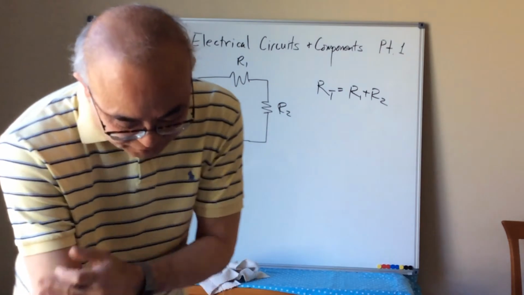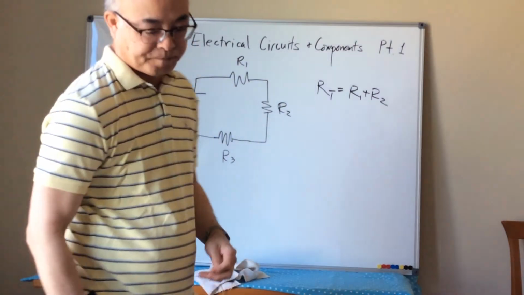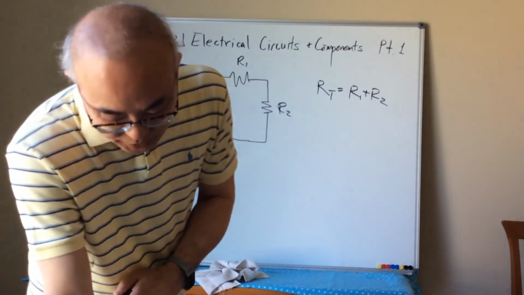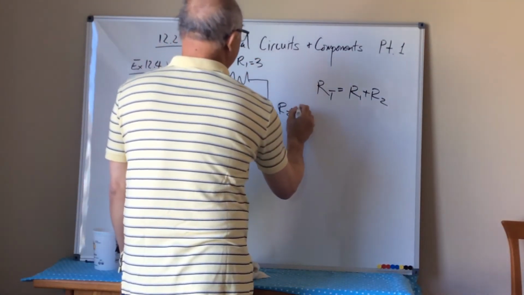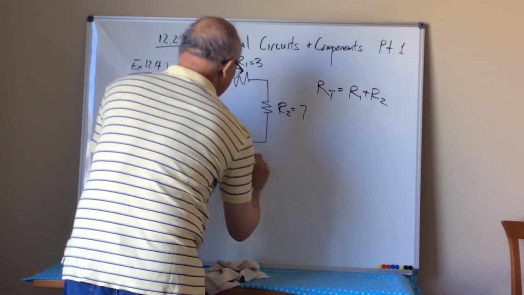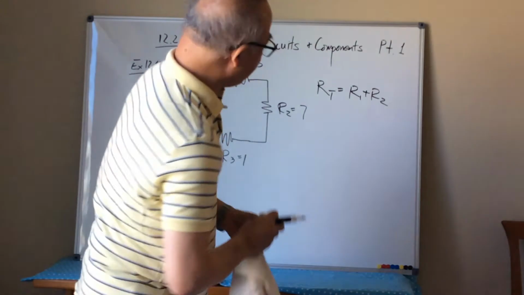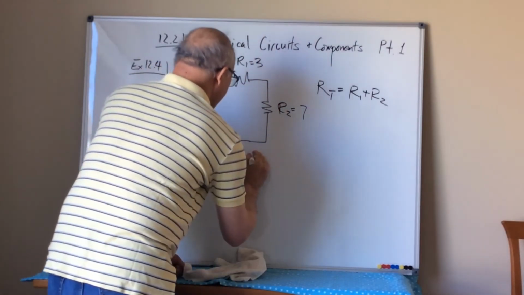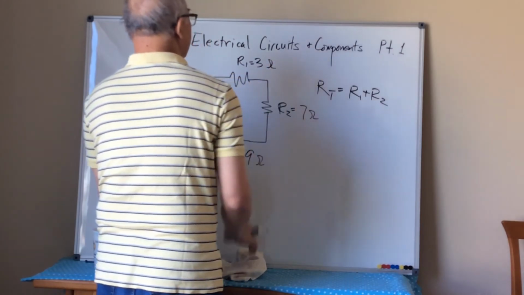So I have 9 volts. And I have 3, 7, and is it 9 or 19? 9, right? 9 ohms. Okay?